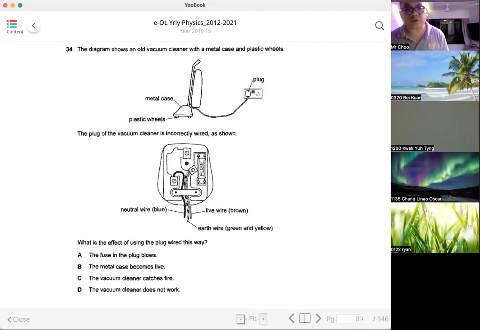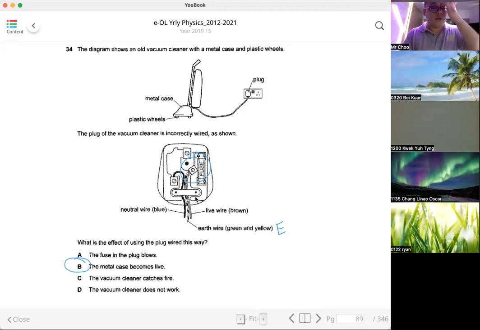Ryan, I've gone through this question. You still can give me the wrong answer. Okay, correct. The answer is B, because your earth wire is connected to live. So when your earth wire is connected to live, your metal casing is connected to live, your metal casing becomes live.